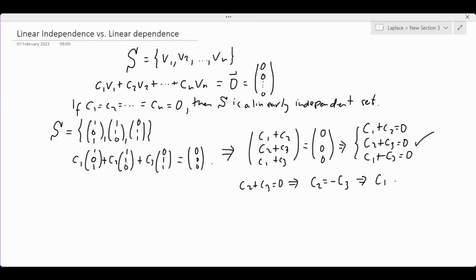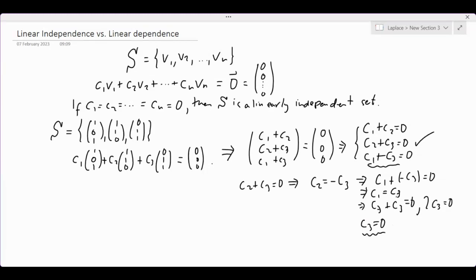So C1 plus minus C3 is equal to 0. And so this basically tells us that C1 is equal to C3. And then we substitute this into the third equation, which gives us C3 plus C3 equal to 0, or 2C3 is equal to 0, from which we get C3 is equal to 0.